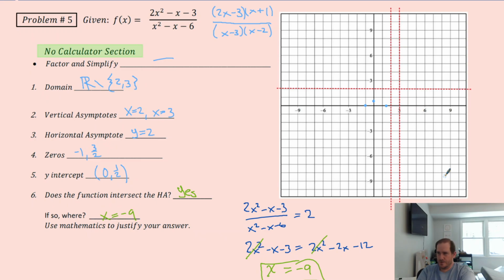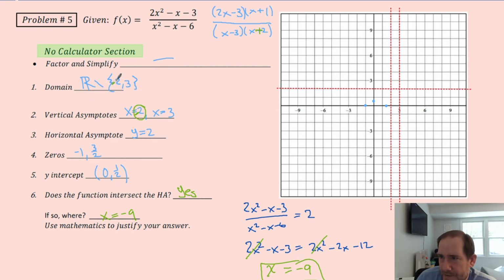Are you sure? Alright, I'm a fool, as usual. But I figured it out. I wonder how long you guys were screaming at the screen, saying I'm a big dummy. I hope you are. These are not both negative. This is supposed to be positive. So that actually means one of our vertical asymptotes is at negative 2.